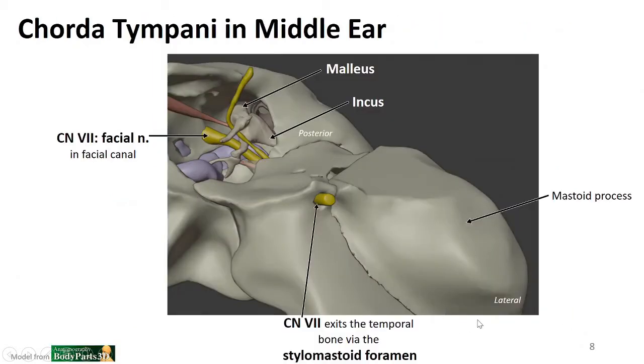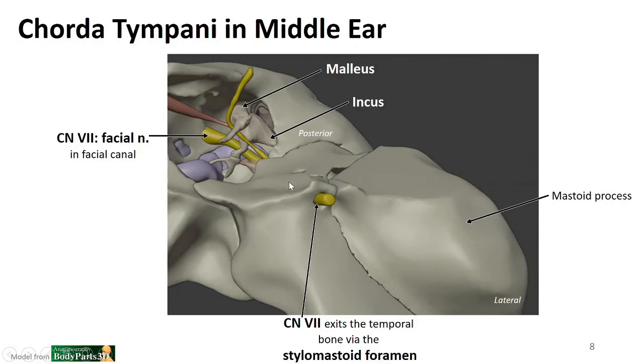So let's take a look at these relationships. So first off here, I want to point out the malleus and incus. And this is the posterior wall of the middle ear. So what we see coming along that posterior and medial wall is the facial nerve within the facial canal.